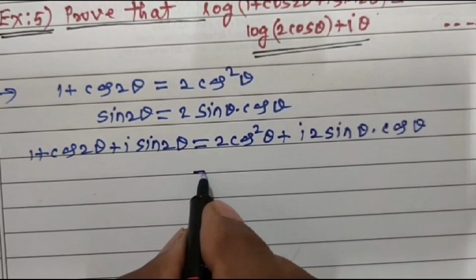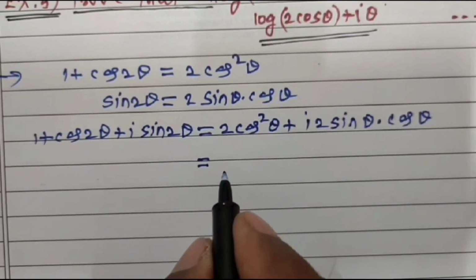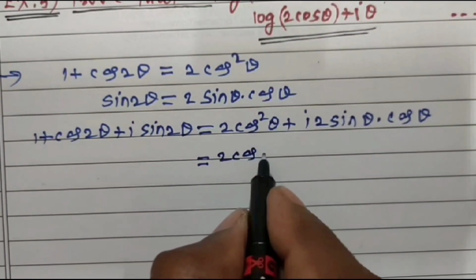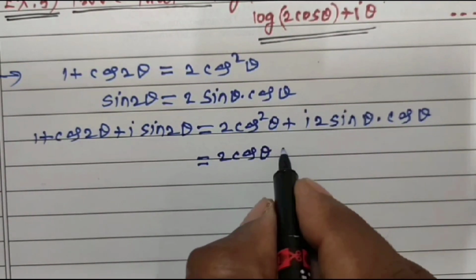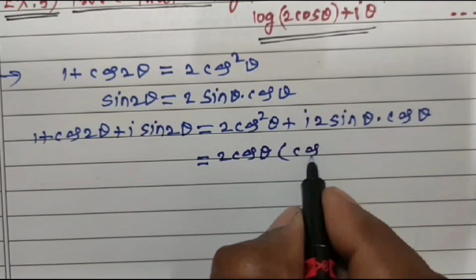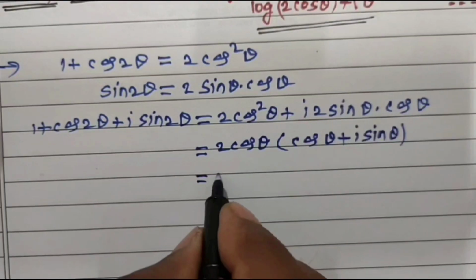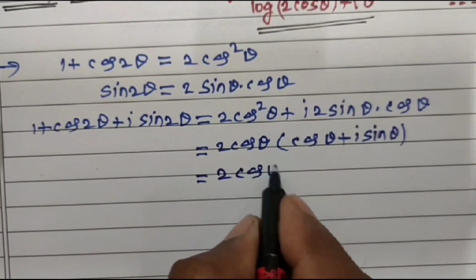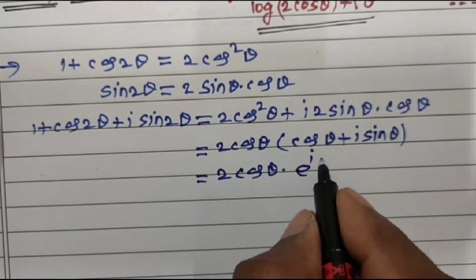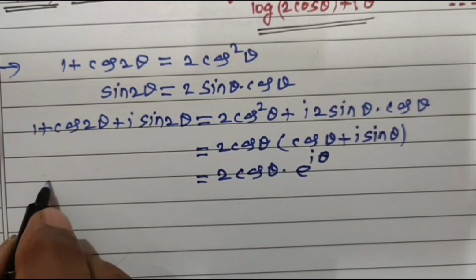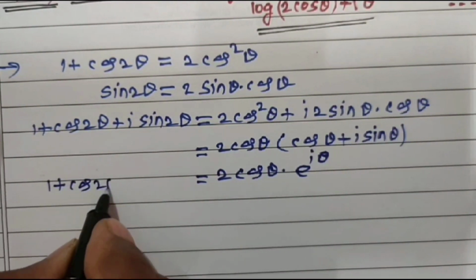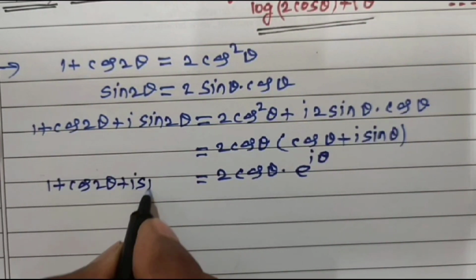Now take 2 cos theta common. Then this can be written as 2 times cos theta into the bracket that remains, cos theta plus i sin theta. This is equal to 2 cos theta into e to the power i theta. This is what 1 plus cos 2 theta plus i sin 2 theta is.